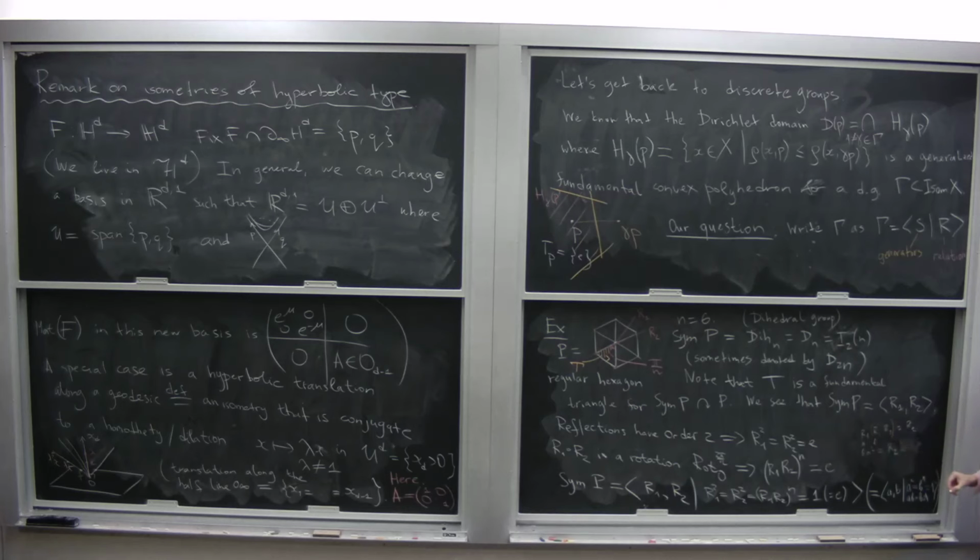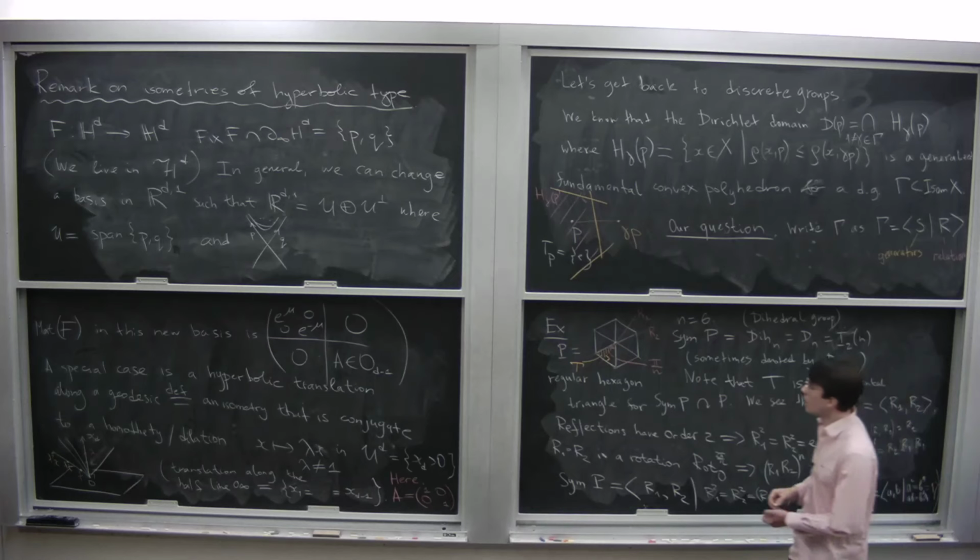B inverse is going to be R2 R1, and then R1. Yeah. So AB equals B inverse A. Now this is a correct presentation.